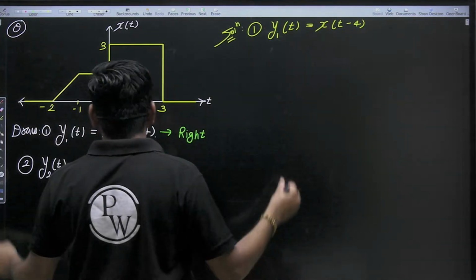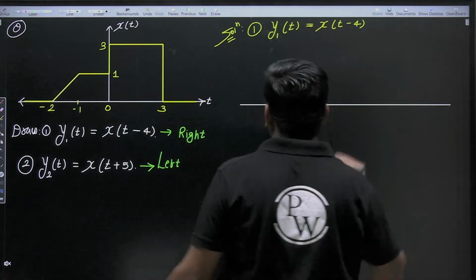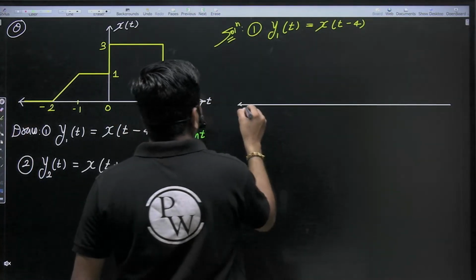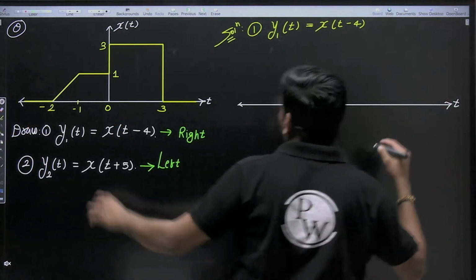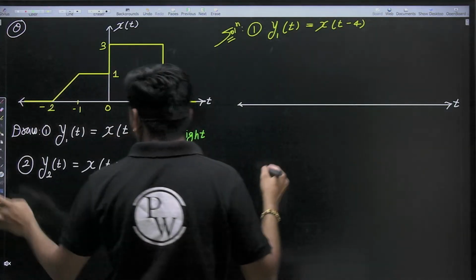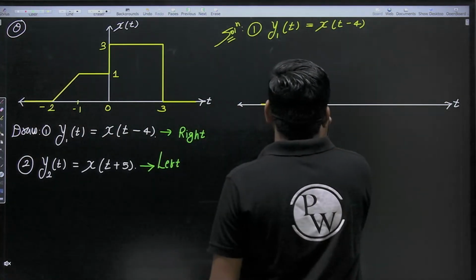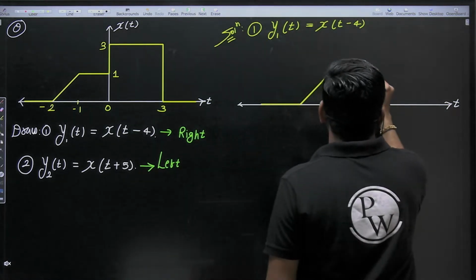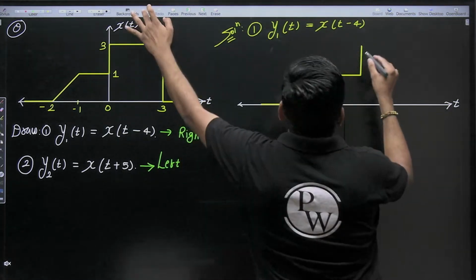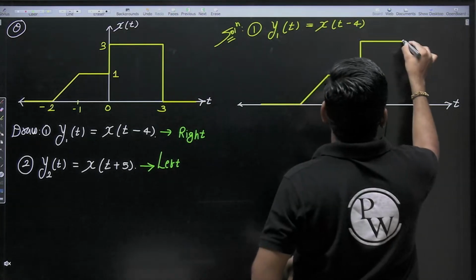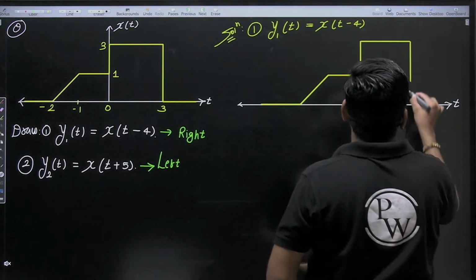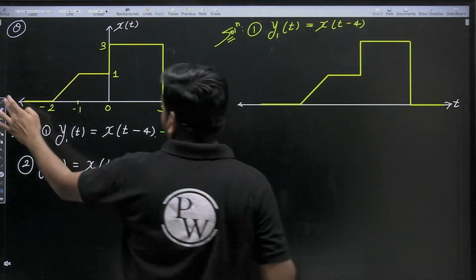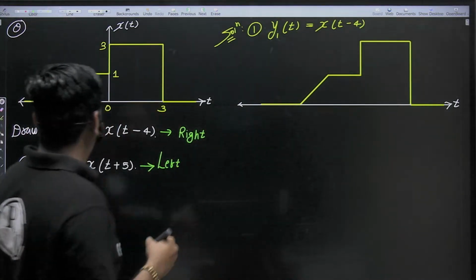So first of all, you have to draw the same signal without the y axis. Now add 4 at each and every instant.